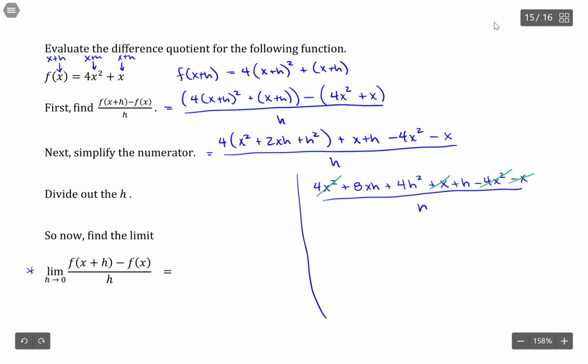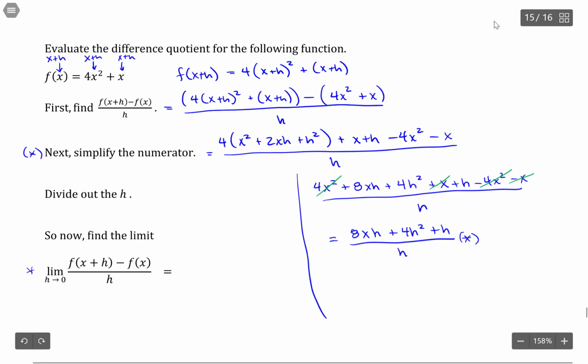Negative 4x squared, positive 4x squared will cancel. So that effectively leaves me with 8xh plus 4h squared plus h all over h. And that's going to be the answer to this part right here. So that's a simplified numerator.